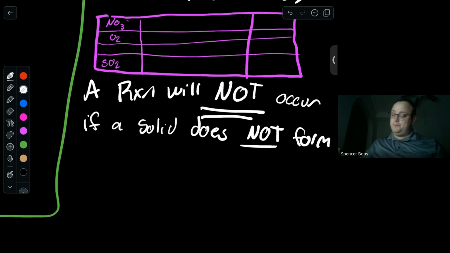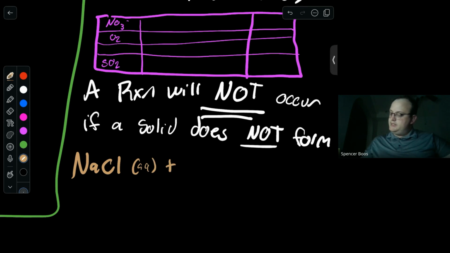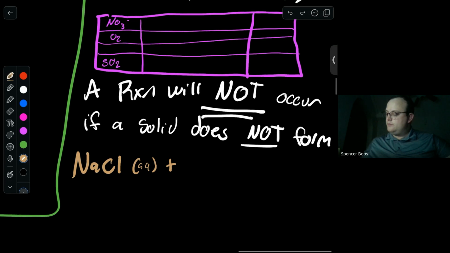Let's take a look at an example. Let's say we've got, we'll do it easy, we'll do a different color, beige. NaCl, aqueous, plus, let's say, AgNO3.